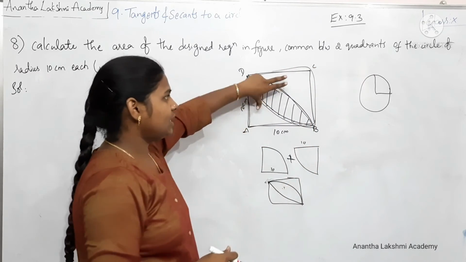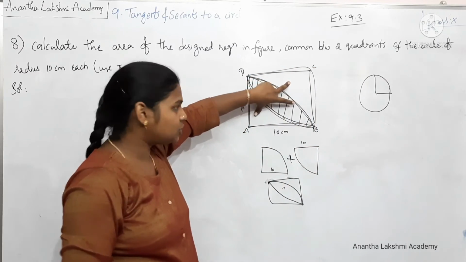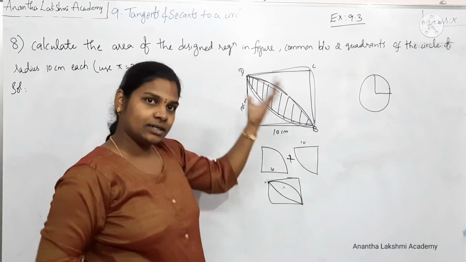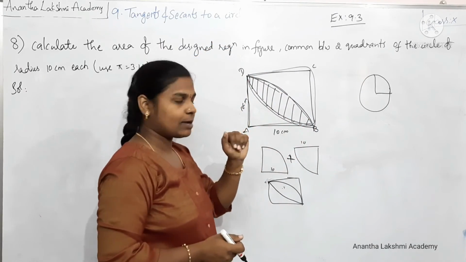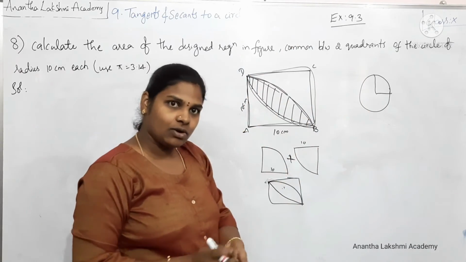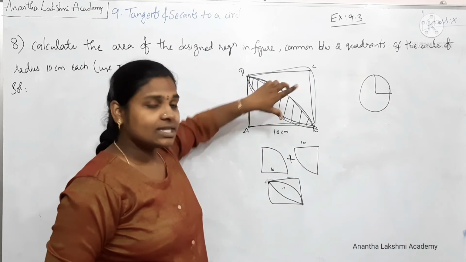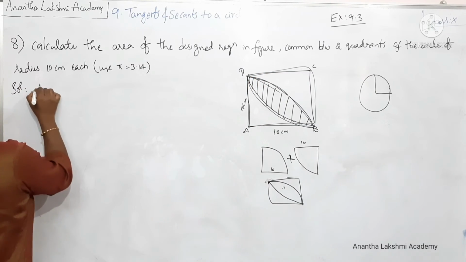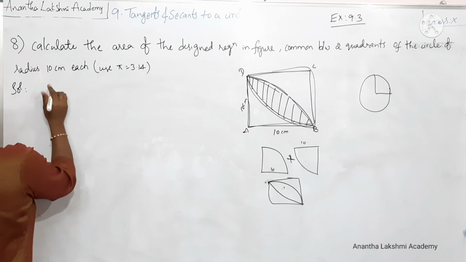When we take those two into the picture, this particular part is doubled. It is coming 2 times. So if we subtract the square's area, 1 time will go off, so that we will get the area of the shaded region.